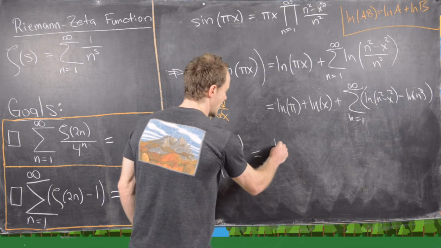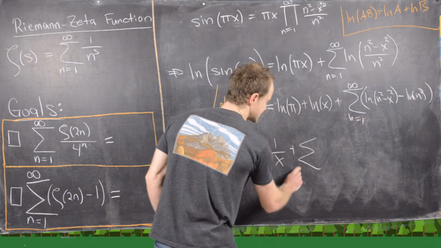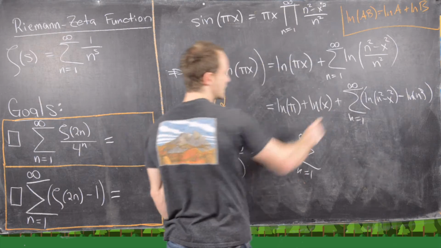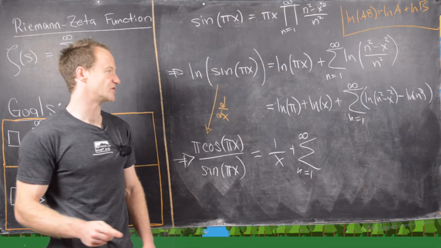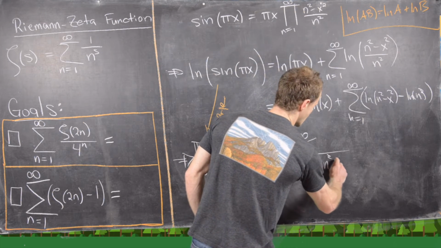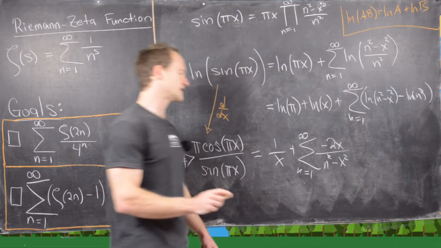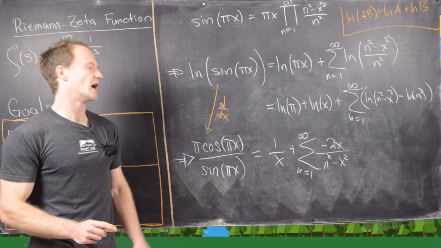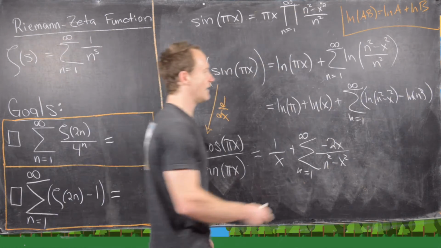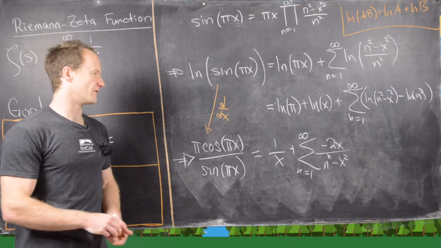That'll give us 0. And then we get 1 over x plus the sum n equals 1 to infinity, and we can do term by term differentiation here. So that's going to give us 1 over n squared minus x squared times the derivative of the inside, which is minus 2x, again by using the chain rule. And then over here, this is just a constant again, so the derivative of that is 0.